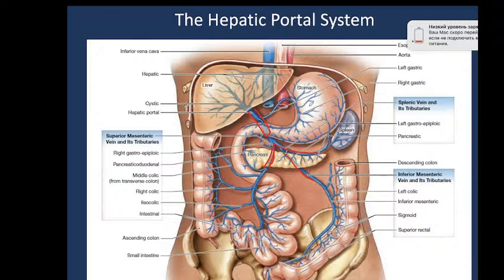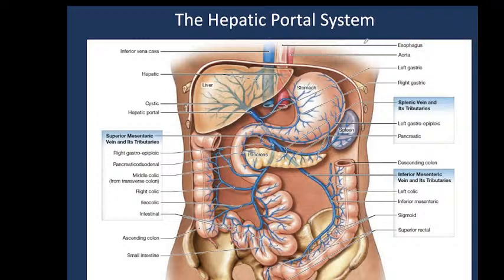Vena porta has also some tributaries. These are veins transporting blood from organs of the superior level of the abdominal cavity.